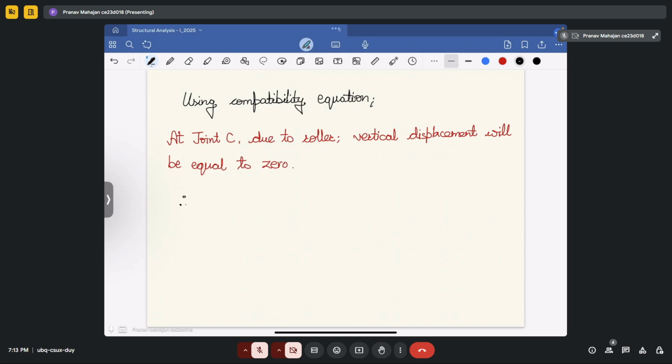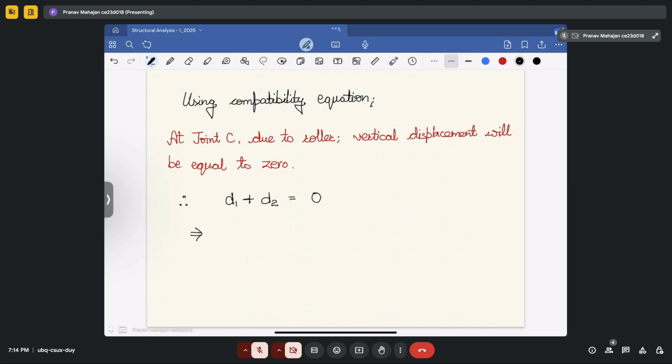Therefore, your D1, which is the deflection without the reaction support, plus D2, which is the deflection at joint C only due to the reaction force, will become equal to 0.